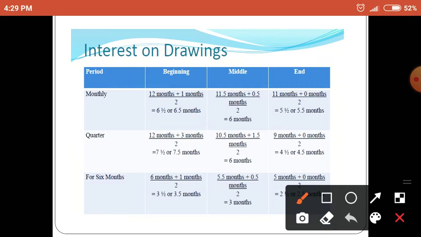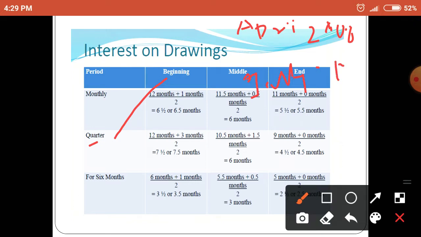Next, beginning of each quarter. What is a quarter? A quarter means 3 months. If a partner withdraws some amount in the month of April, rupees 2000, then in the next quarter, July, he withdraws again rupees 2000.